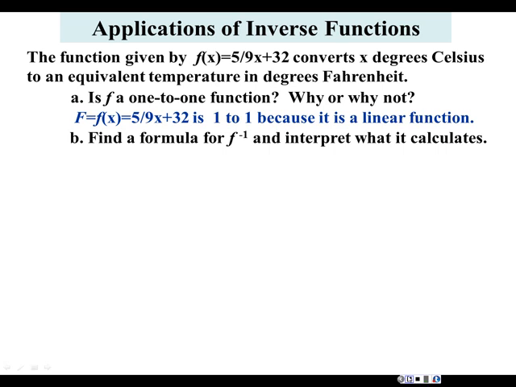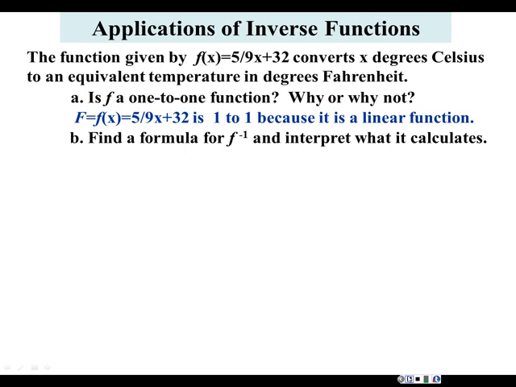Now the most important part, since this is an application question, interpret what it calculates. Now what did you find? Look at the original function. What it does is convert x degrees Celsius to Fahrenheit, right?